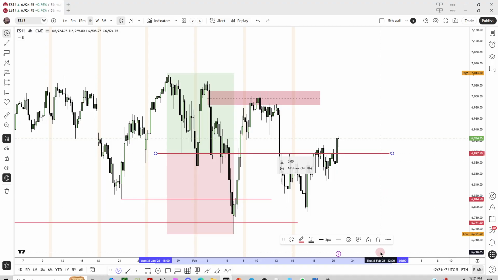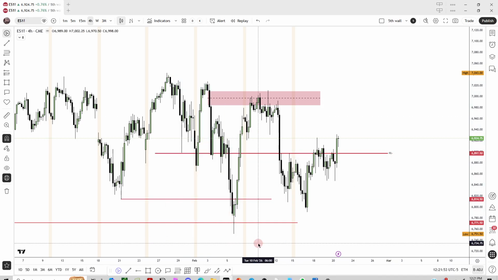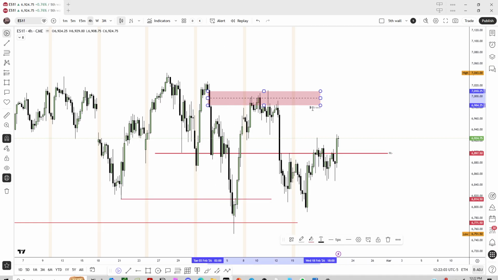I'll just say EQ, because equilibrium, you can take that off now. All right, so the 4-hour balanced price range, technically DPR. 4 hour, that's going to bother me. 4 hour BPR. There you go.